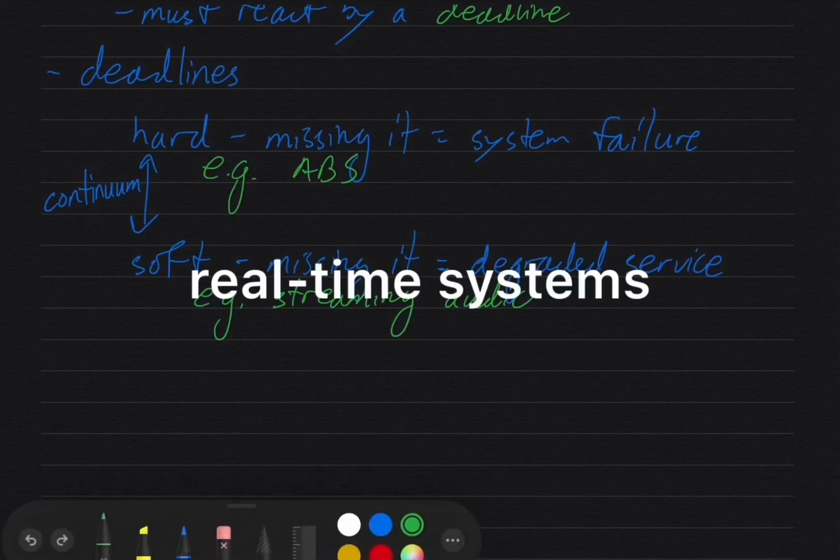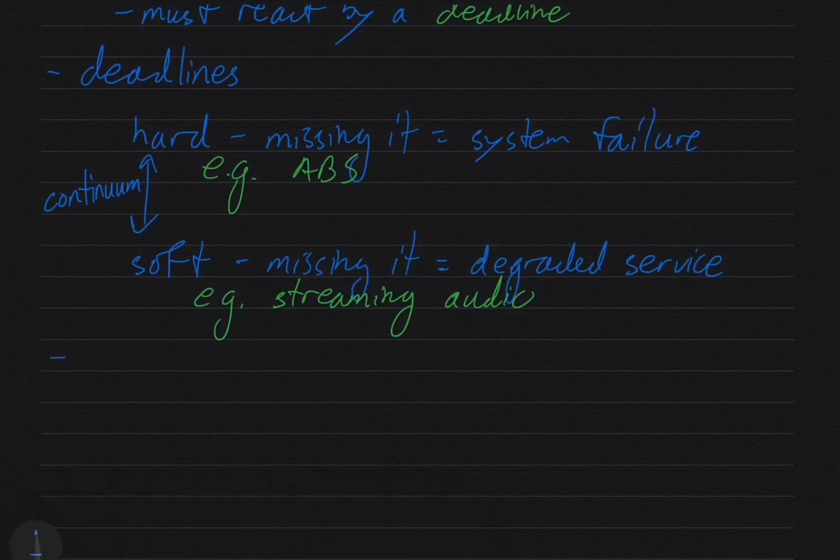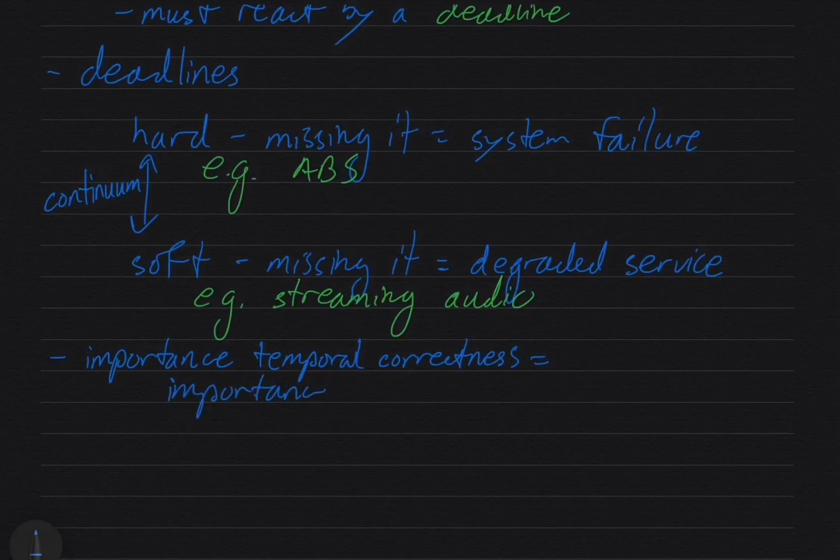So I guess another point to make with embedded systems is that the importance of temporal correctness equals the importance of logical correctness. So you're used to writing programs and you test them to make sure that when you give them the right input, they generate the right output.